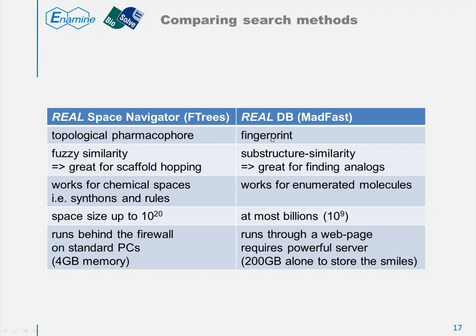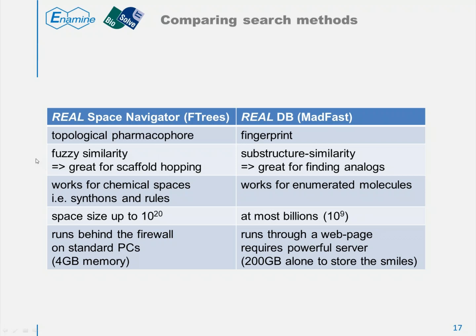So it's not a fingerprint query where you go from one atom to the next one and compare, is it similar, yes or no. So this points out the strengths of the individual algorithms. The MADFAST algorithm on the REAL Database is very good for finding very, very close analogs, while Ftrees is a bit fuzzier.